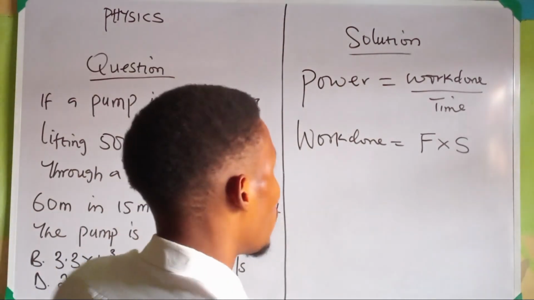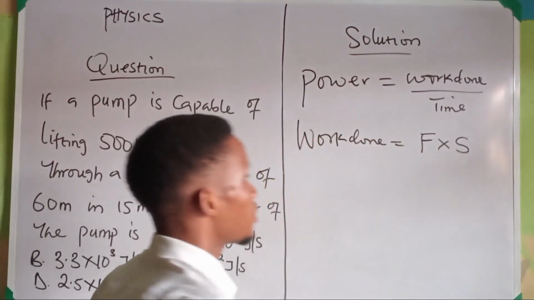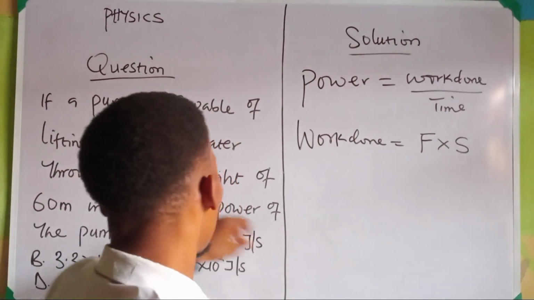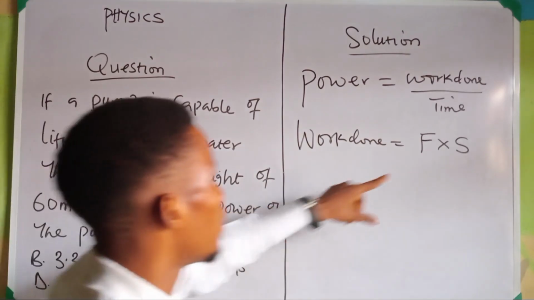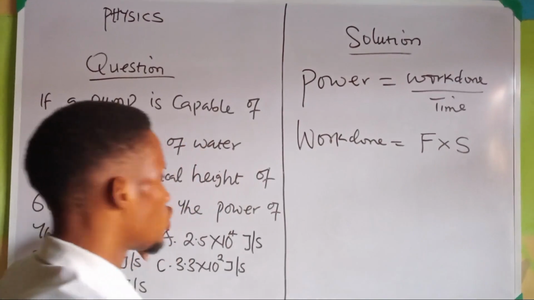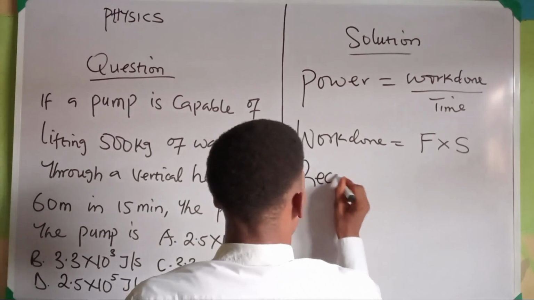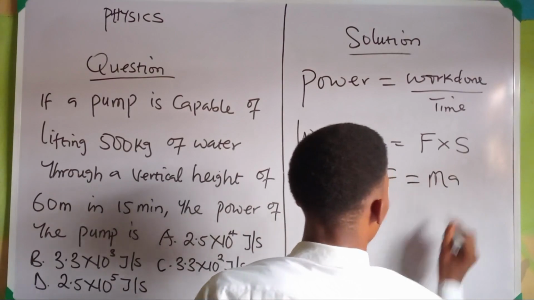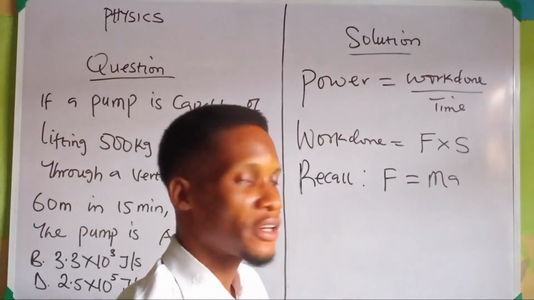So that is now the formula we were given: force multiplied by the distance, where S represents the distance, and the distance was given to be 60 meters. The force is not given in the question, but we can recall that force is equal to mass times what? Acceleration. One may ask, how do we get our acceleration here?